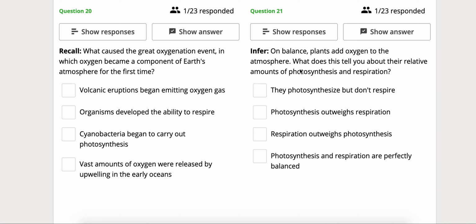Question 21. On balance, plants add oxygen to the atmosphere. What does this tell you about their relative amounts of photosynthesis and respiration?